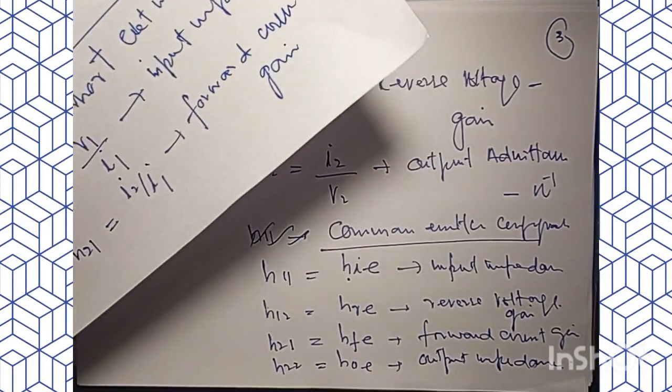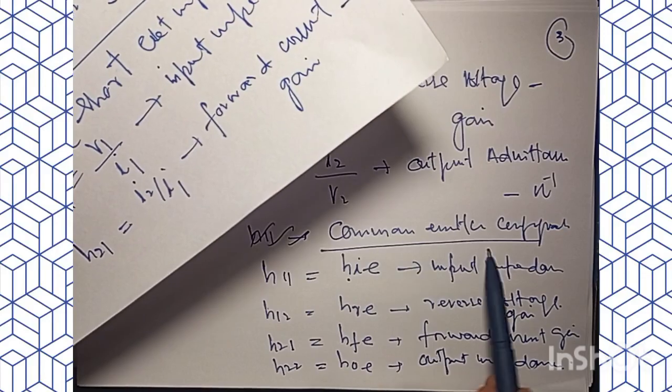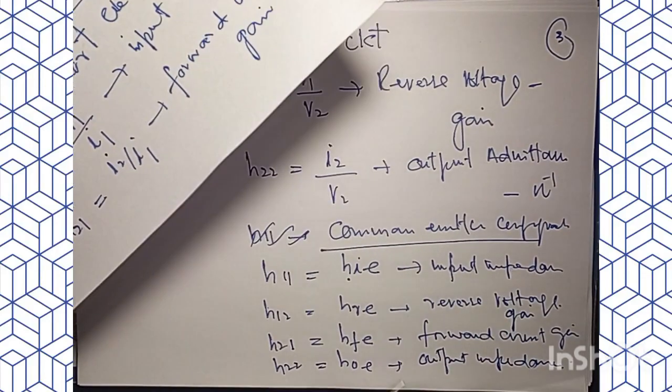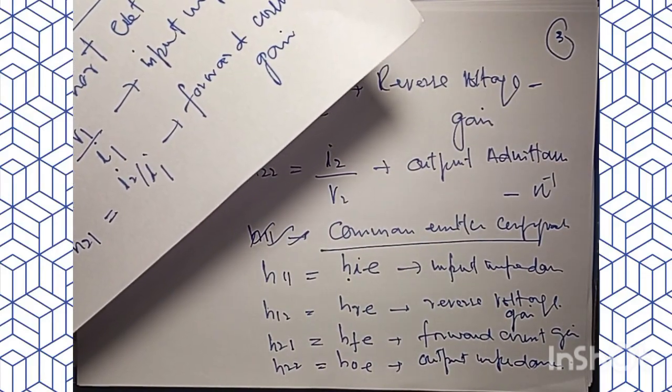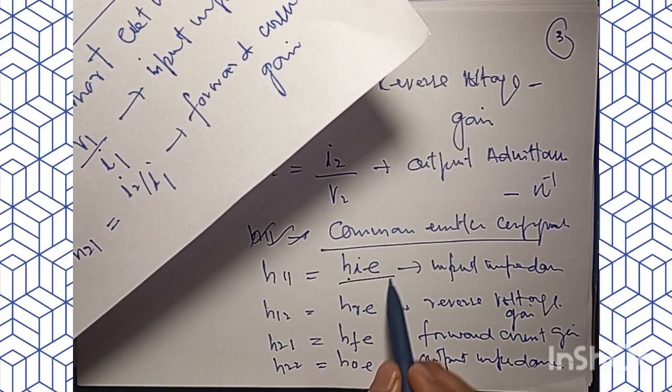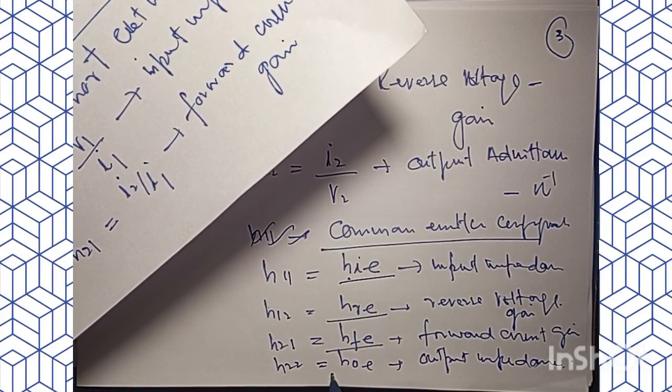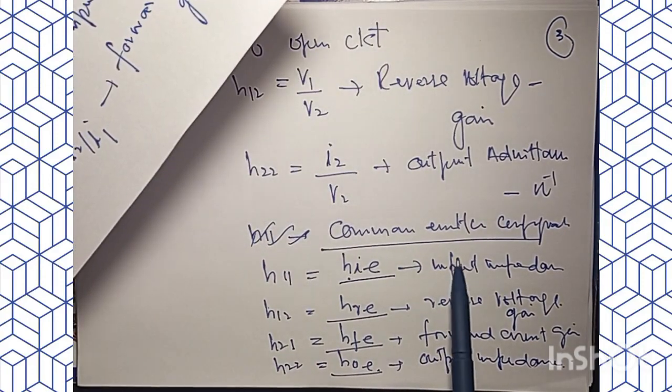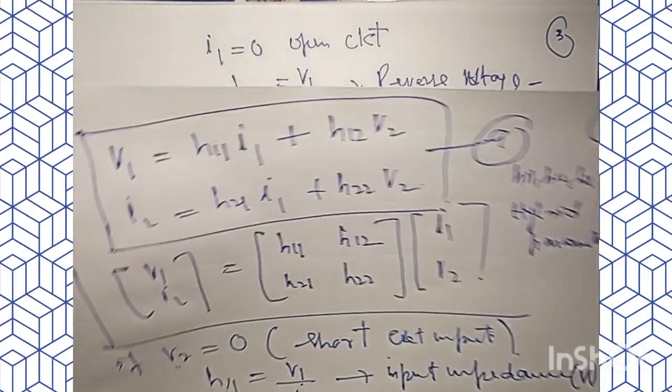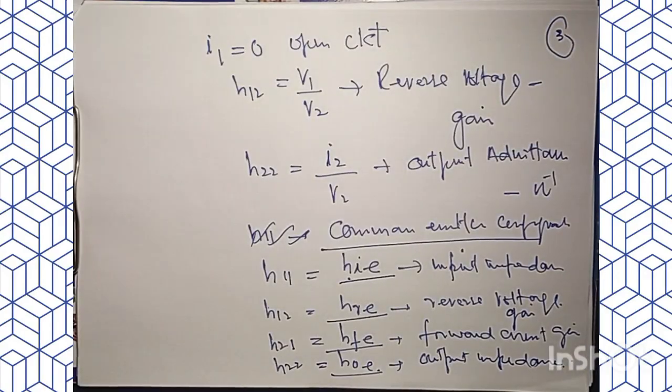You can do the same thing for common base configuration and for common collector configuration, and have a symbolic representation of H parameters for them. So with this, I would like to stop here.